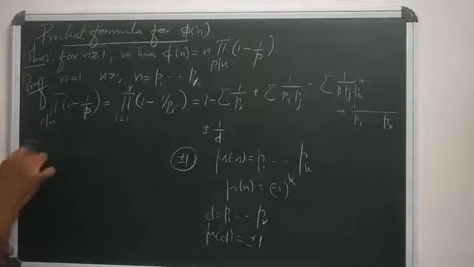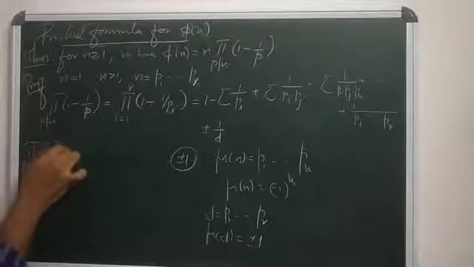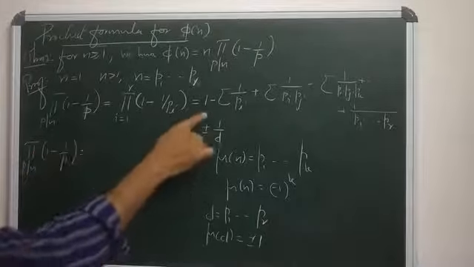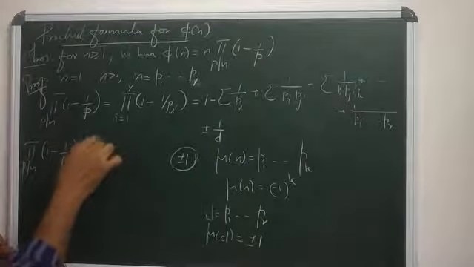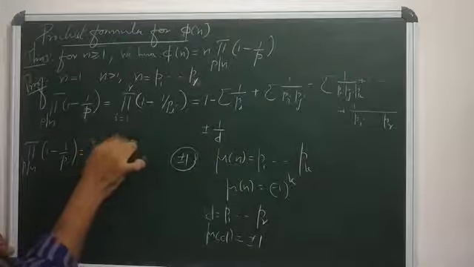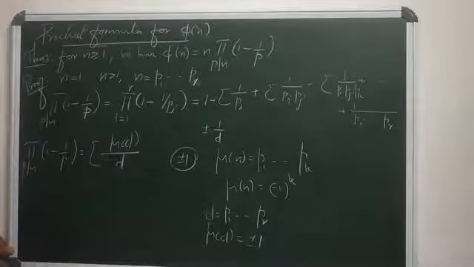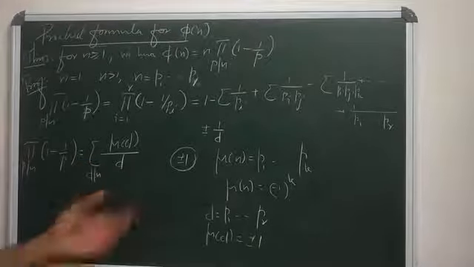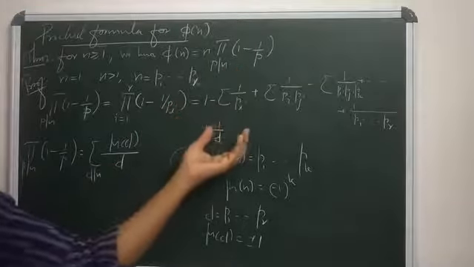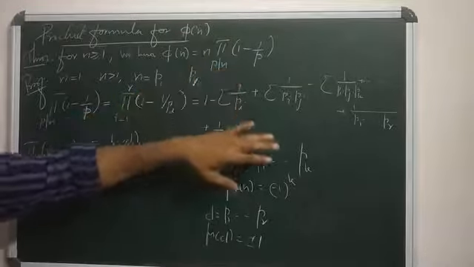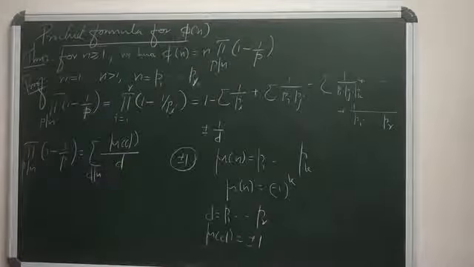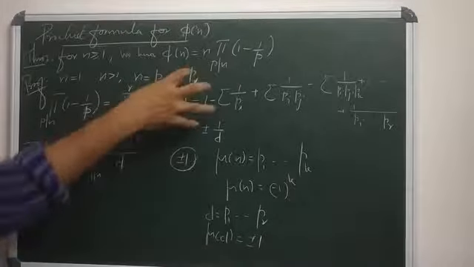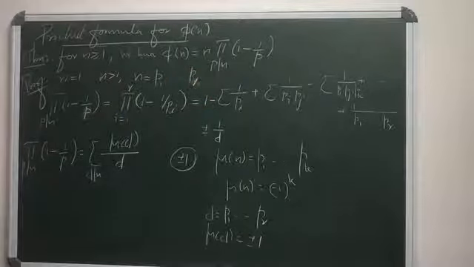Therefore, we know that the product over p dividing n of 1 minus 1 by p, equal to plus or minus 1, can be written as the sum over d dividing n of mu of d by d. Clear? Because each term on the right side is of the form plus or minus 1 by d, and plus or minus 1 comes from the definition of mu of d.